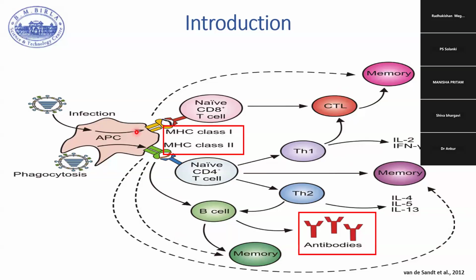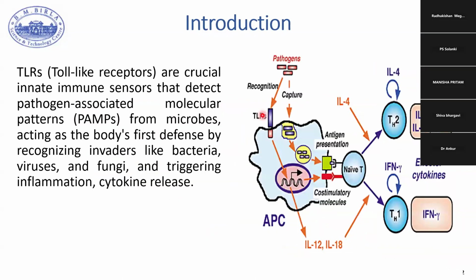What happens if it interacts with our innate immune system? TLR refers to toll-like receptor. On the APC, there are also toll-like receptors. Whenever a pathogen enters our body, sometimes it interacts with the toll-like receptors.